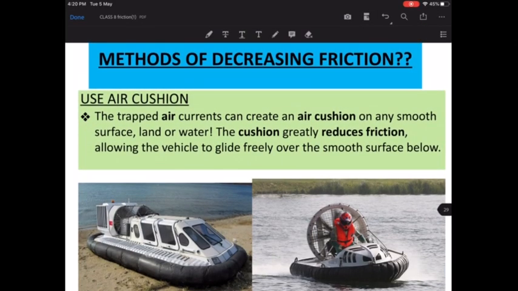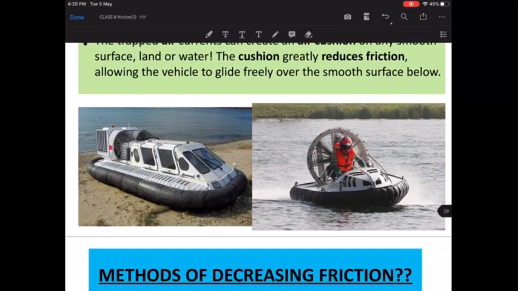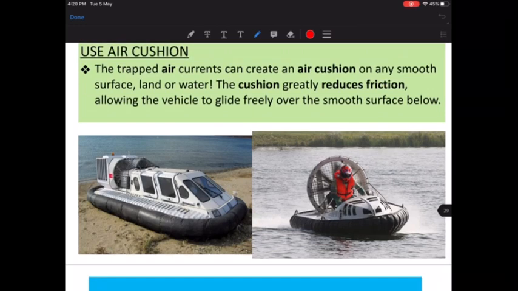Okay, this is the fourth one, and this may be new to you. By using air cushion. What is air cushion? Air is trapped under this. You see this bag sort of thing, this tube sort of thing. So what happens is, this tube, when it is on the water, there is actually a small layer of the air which is between the water and this tube.